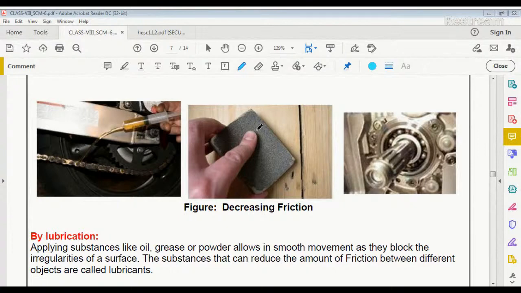The substances which reduce friction are called lubricants. In some machines, it may not be advisable to use oil as a lubricant, so an air cushion between the moving parts is used to reduce friction, isn't it?